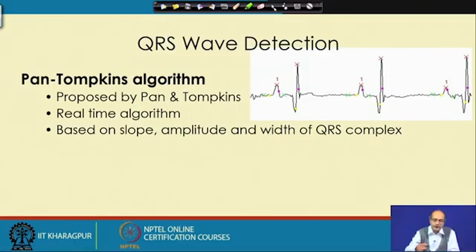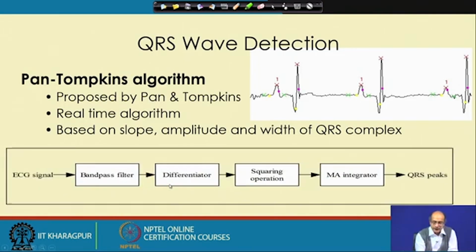This algorithm was proposed by two scientists, Pan and Tompkins, for real time operation, and it is based on the slope, amplitude and width of the QRS complex.